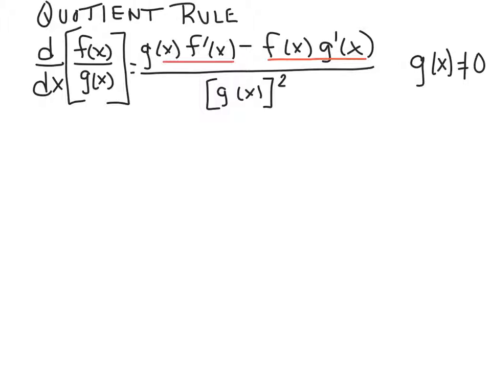So I'm going to just show you from the book this little shorthand that they did. So the function g times the derivative of f minus the function f times the derivative of g, all put over g squared.